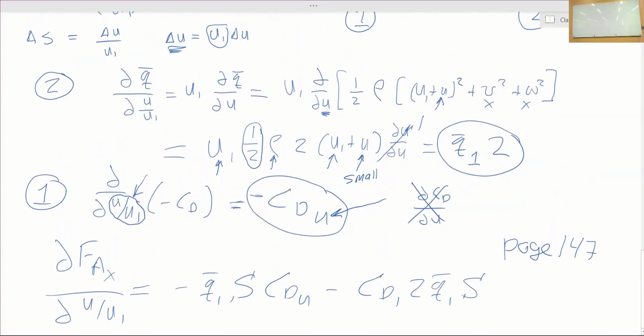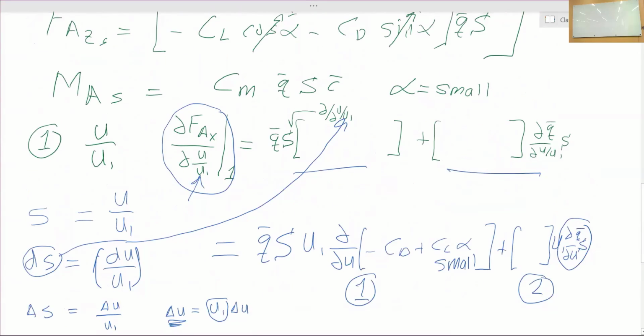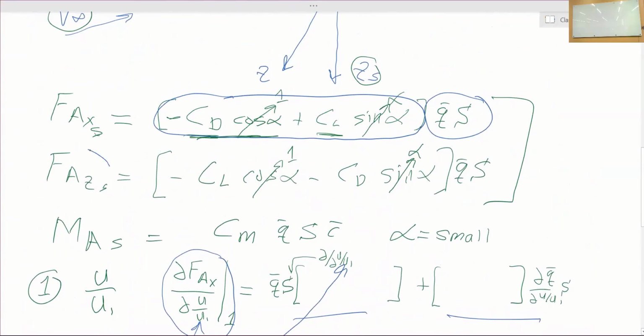So the next thing that we need to do is the derivative of the Z force with respect to U over U1. And it will turn out to be exactly parallel, except the roles of CL and CD are switched. In fact, in this one, we'll say this is small, and we keep the lift, so that's why we get a CL in both those terms.